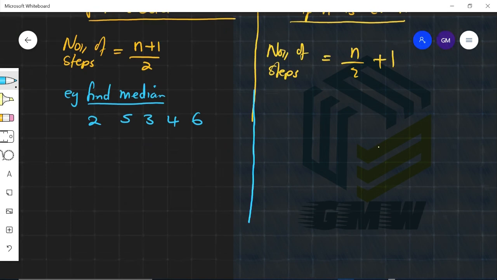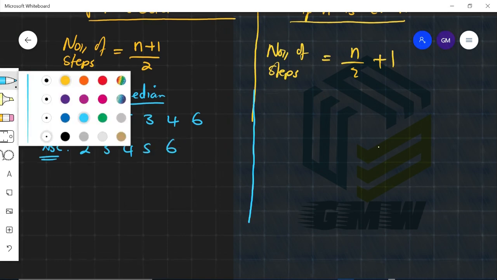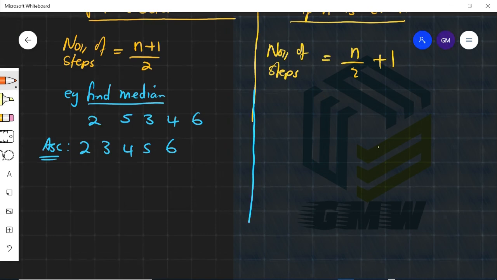What is the first one? 2, 3, 4, 5, then 6, right? Now, from this, what is the value of n? It's 5. Is 5 odd or even? Odd.